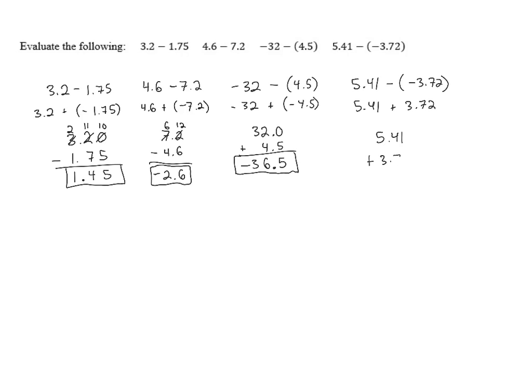Adding from right to left, 1 plus 2 is 3, 4 plus 7 is 11, carry the 1, 1 plus 5 plus 3 is 9. Keep the decimals lined up. The larger number was positive, so our answer will be positive, and that leaves us with a final answer of 9.13.